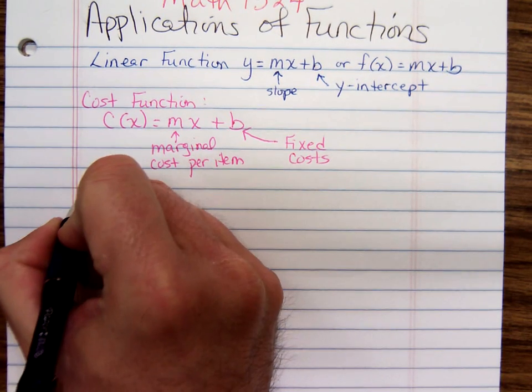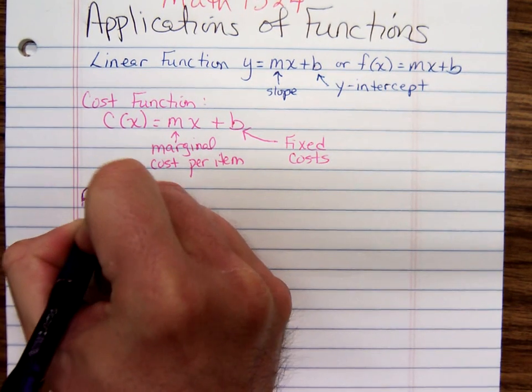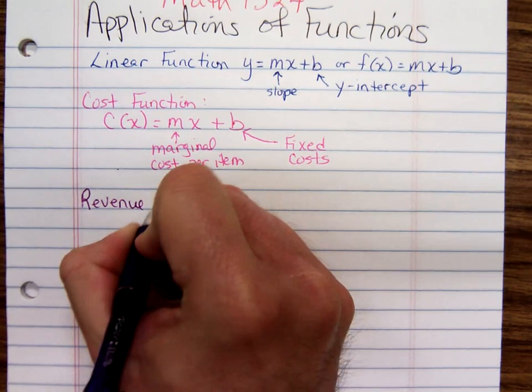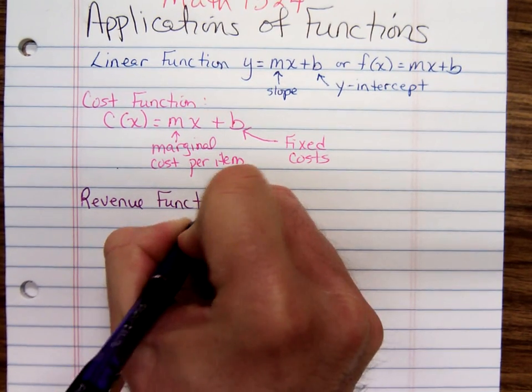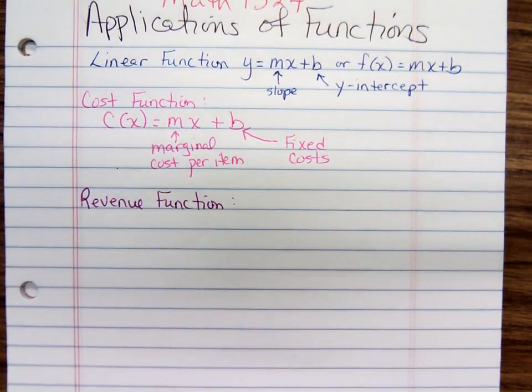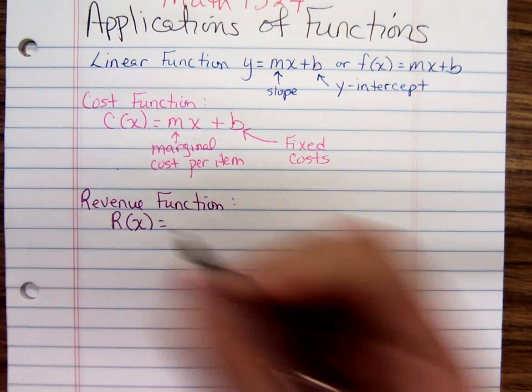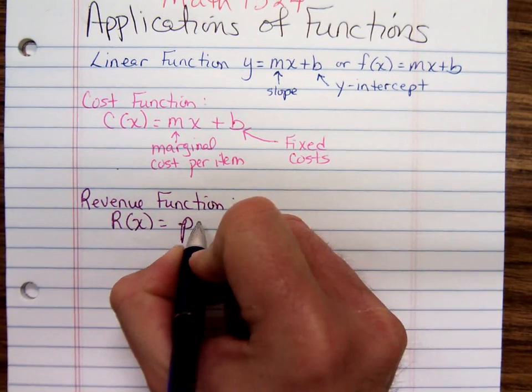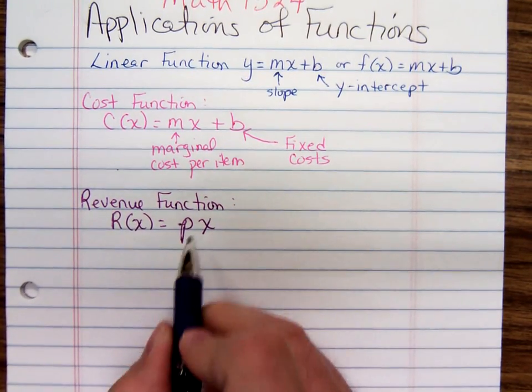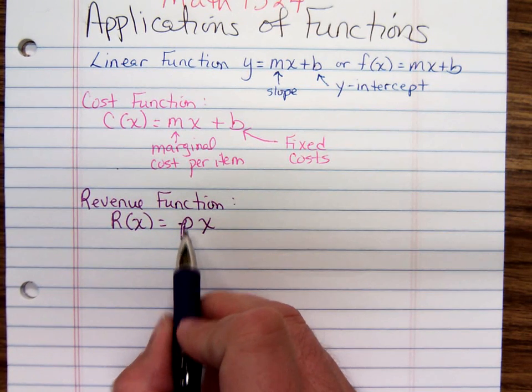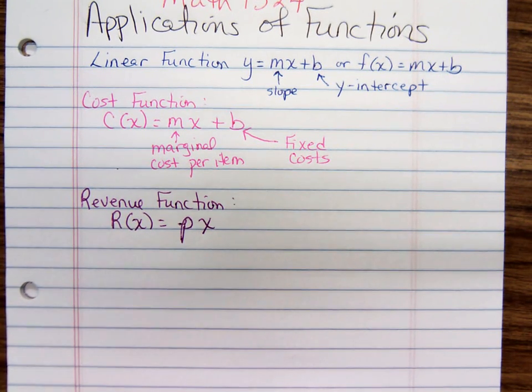The revenue function calculates the amount of money that a business brings in. Okay? R of x is equal to p times x. This is a lowercase p, and you don't switch it to a capital P because we're going to use a capital P to denote profit.